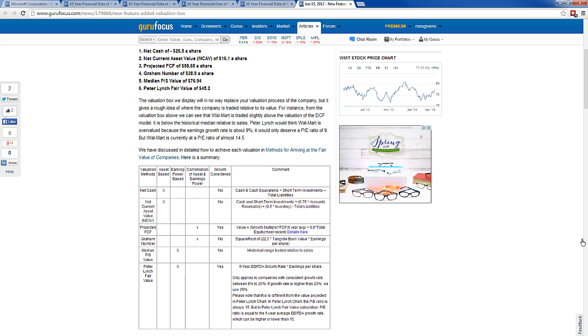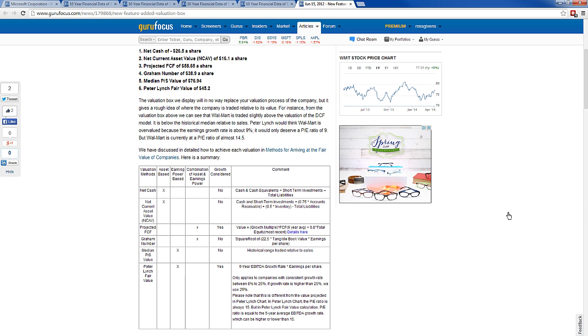And I think with that kind of model, that kind of company, Peter Lynch fair value will work pretty well. For Greg's question, what's the best valuation method for growth stocks? I would think for growth stocks, the best valuation methods are Peter Lynch fair value and median PS value.